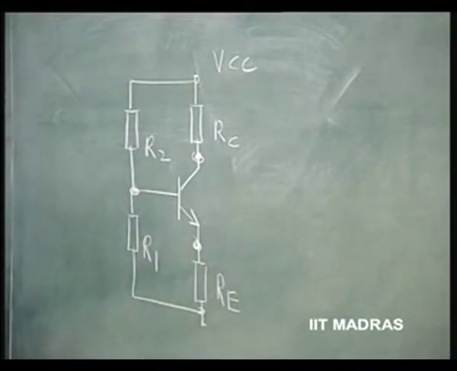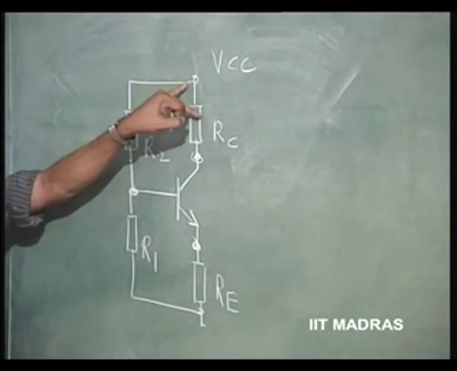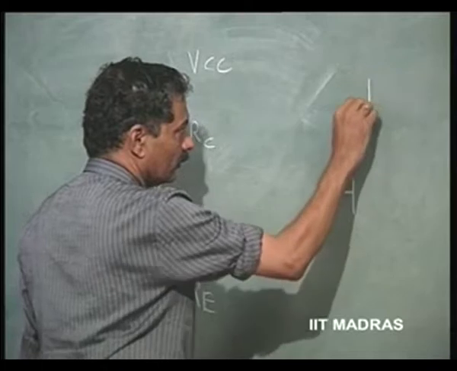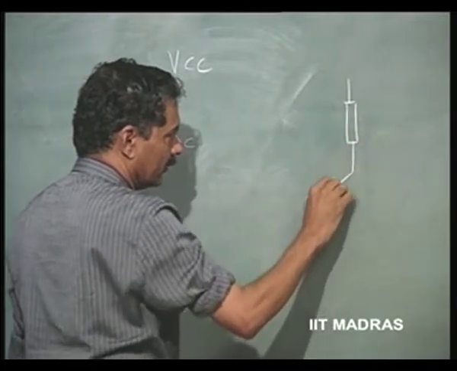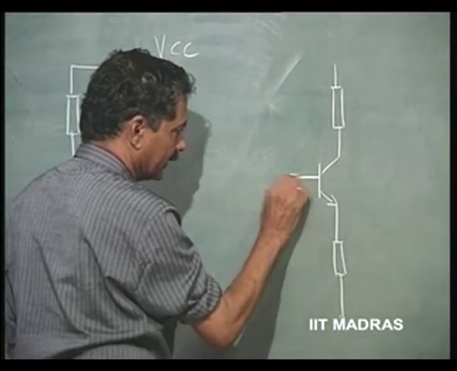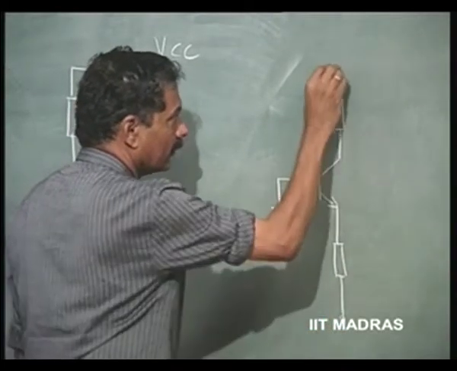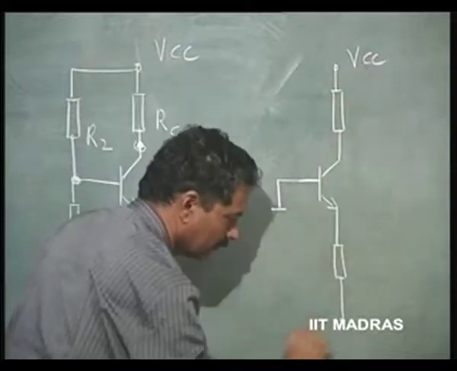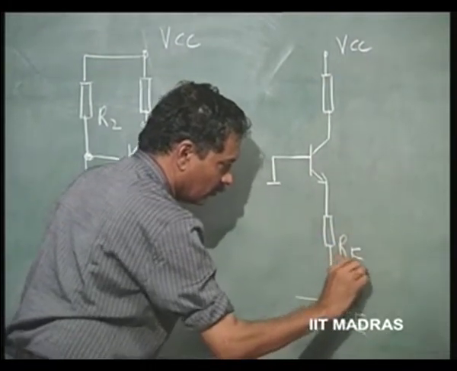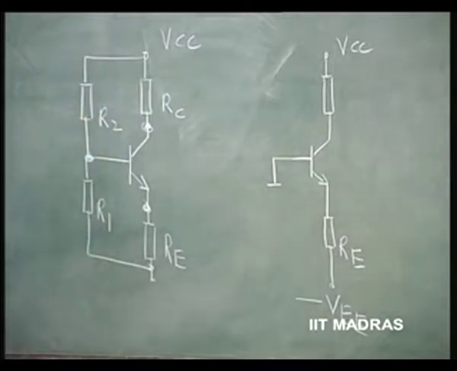So, we have a general scheme using single supply. We have another scheme using dual supply. These are stable ways of biasing. Both these schemes we had discussed.